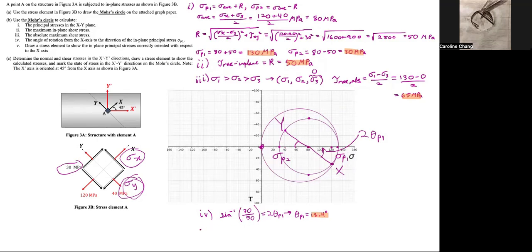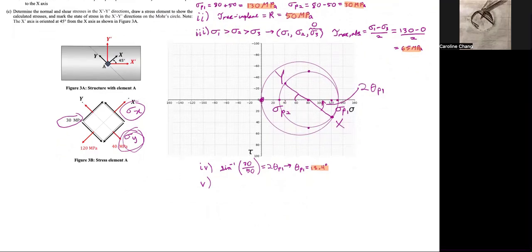So we can solve our problem 5 now. We first draw our stress element as we have over here, or we can just directly show it on this stress element, because originally the x-axis is pointing this way. So what we want to do is, let me see if I can move this down a bit.